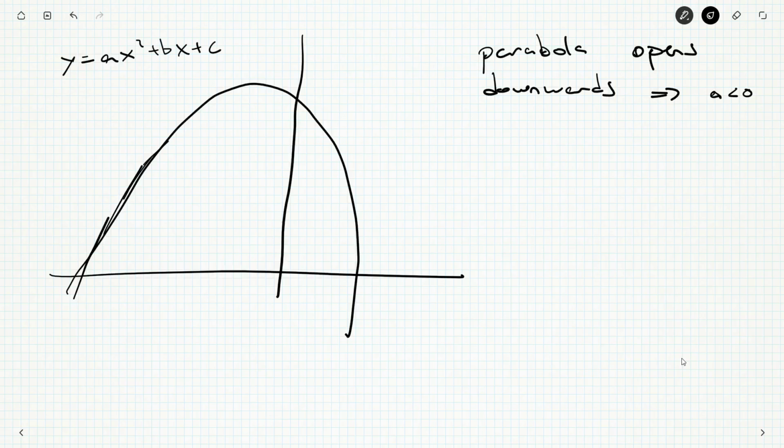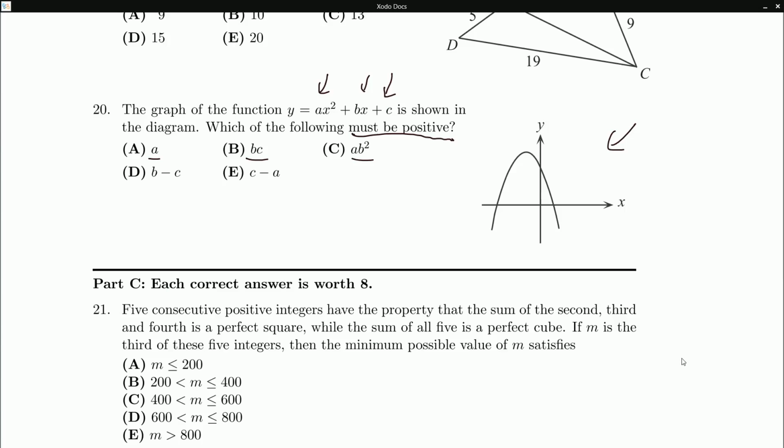You can tell some stuff about the parabola's general equation just from its picture. Alternatively, if I told you, hey, I'm looking at a parabola and it's 2x squared plus 3x plus 4, you would say, oh, that parabola opens down. I don't know what else about it, but I know it opens down. And that's the first thing that draws my eye. So I actually know something about a. Is that enough to answer the question?